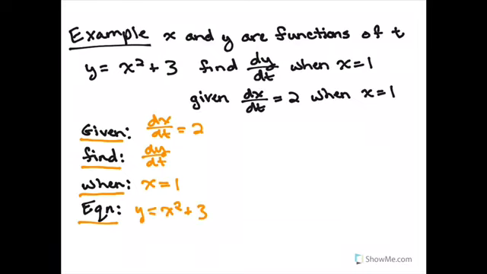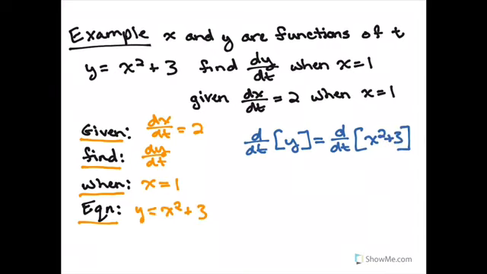Okay, so once I have all my information organized, then I want to take the derivative of the equation. So we're going to d/dt both sides of our equation. And the derivative of y, a function of t, we're just going to get dy/dt. And when I take the derivative of x squared, I'm going to get 2x times dx/dt because it's a function of t.